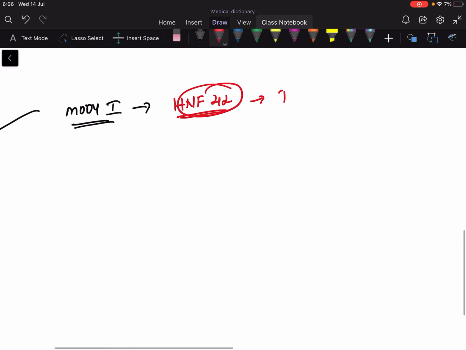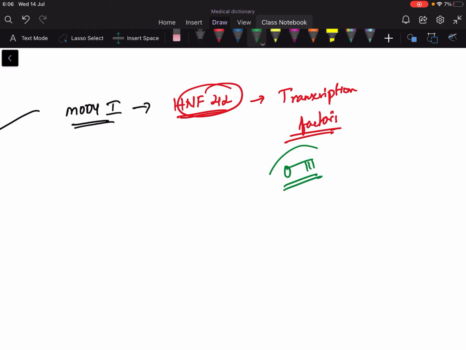It is a transcription factor. What are transcription factors? If you know your biochemistry well, transcription factors are a type of key. As you can see, this is a key here.